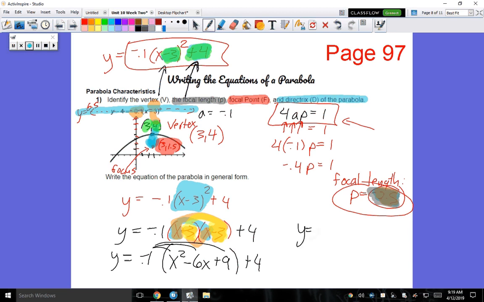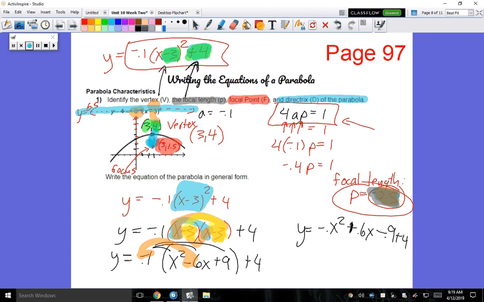So that we have y is equal to negative 0.1x squared. And you can put the 1 there if you want. And then you would do plus, because a negative times a negative we know is a positive. So it would be plus 0.6x, and then we have minus 0.9, and then plus 4.